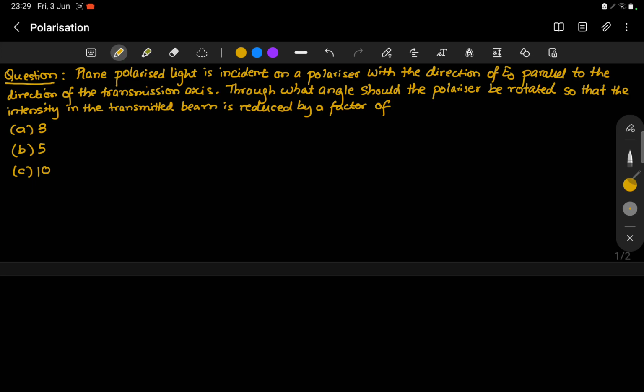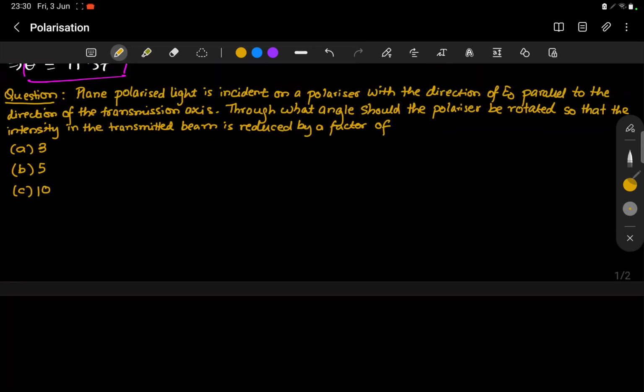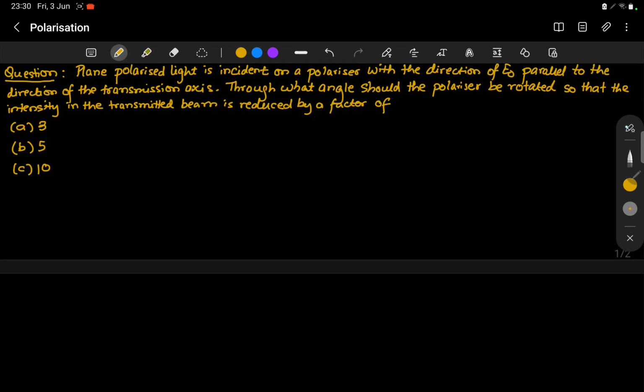So this is a question based on Malus law. Here the direction of E0 means the polarization direction of the input light beam, and transmission axis is for the polarizer. So let us draw the situation.